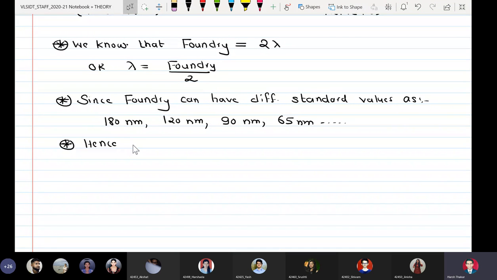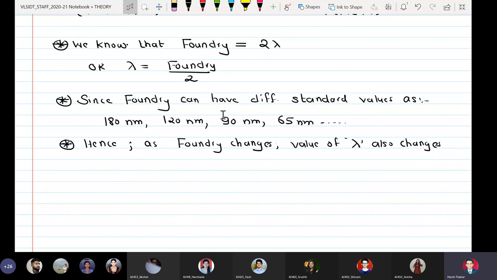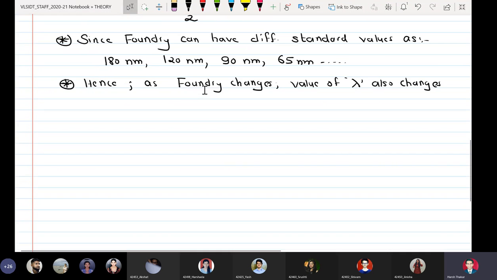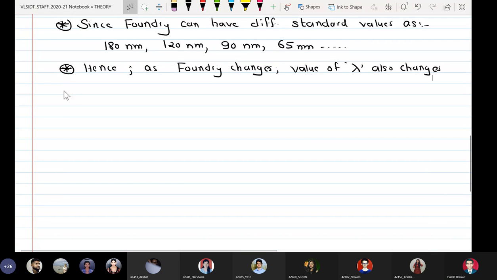Hence, as foundry changes, the value of lambda also changes. Hence, we say that lambda-based rules are called as scalable rules or relative rules.